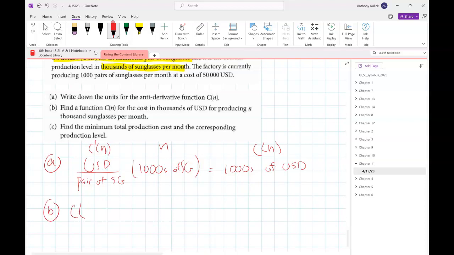The next part asks for a function for c of n. So I know that's the integral of c prime of n dn. And I'm going to distribute through my integral and pull out my constants.